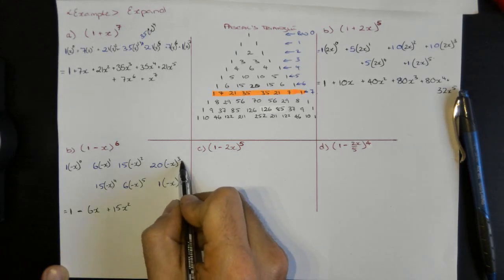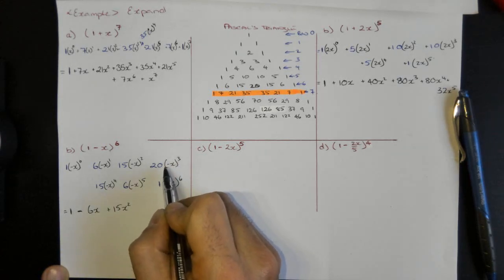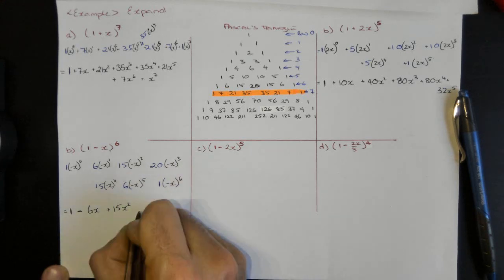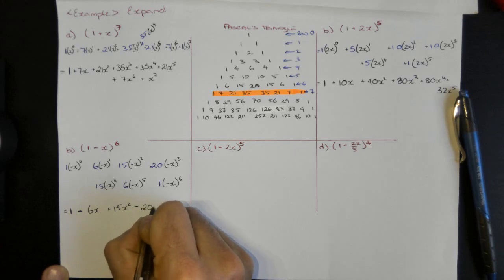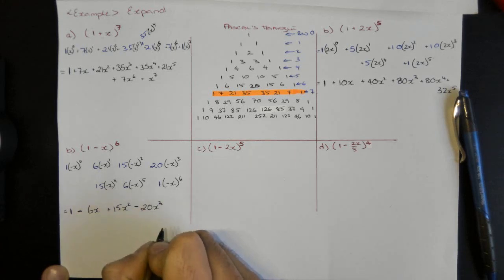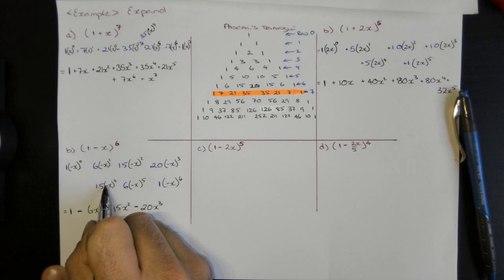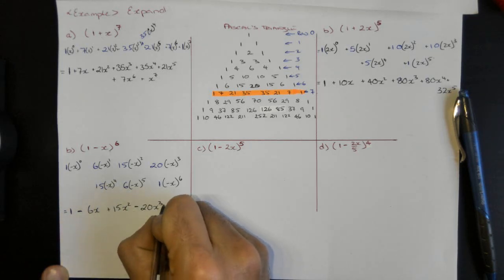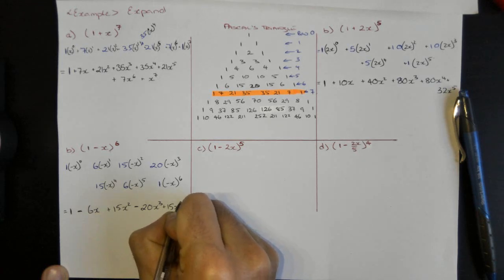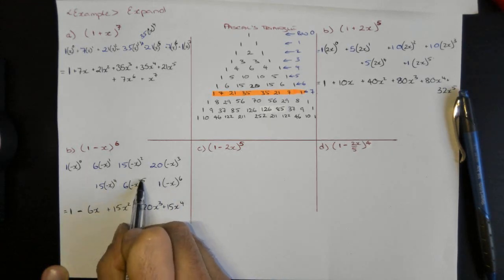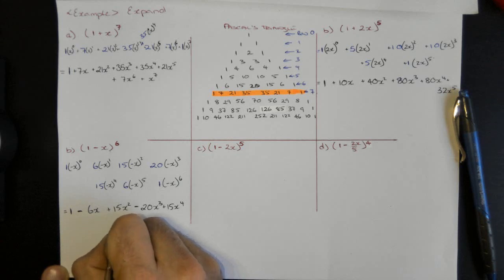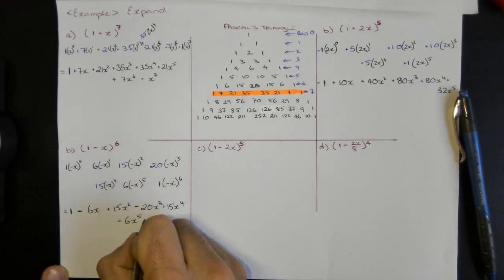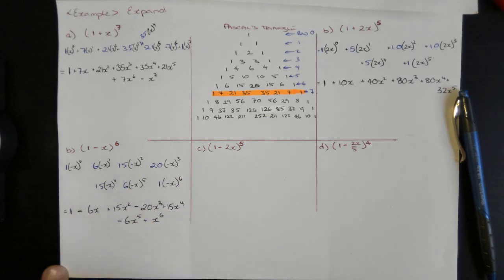Negative x to the power of 3: negative times a positive times a negative results in a negative, so this is going to be negative 20x to the power of 3. Negative x to the power of 4 becomes positive x to the power of 4, so that's plus 15x to the power of 4. This, as it's odd, becomes negative, so minus 6x to the power of 5, and then plus x to the power of 6.